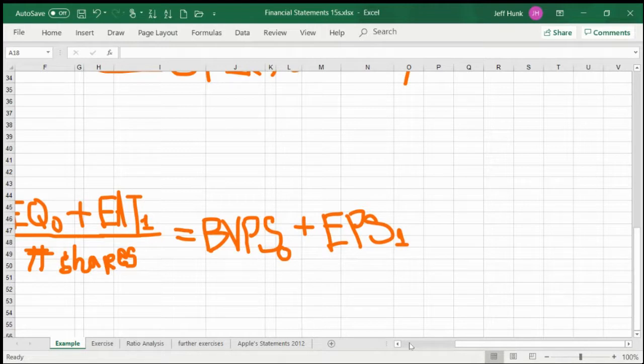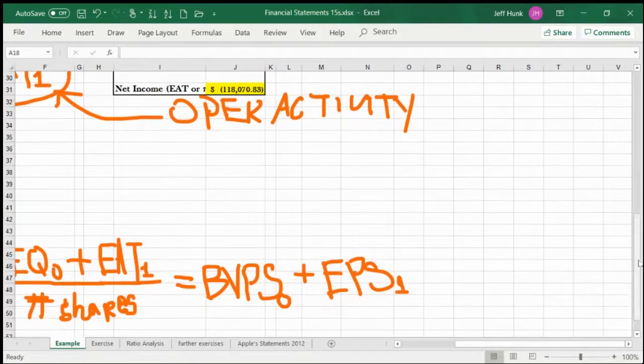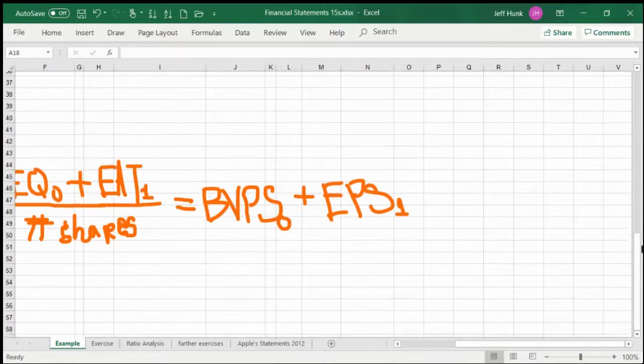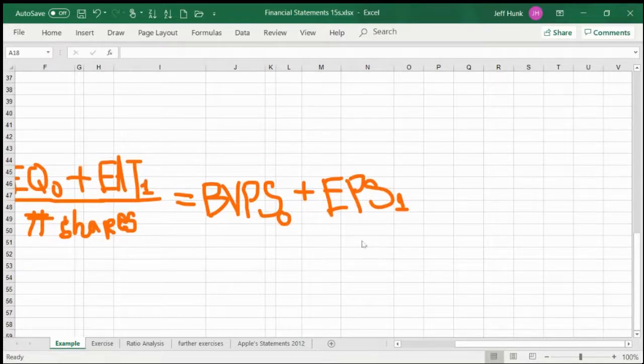Now, again, what I'm saying is, this is the book value. Market value will deviate from this, because market value is not exactly the same thing as the book value.